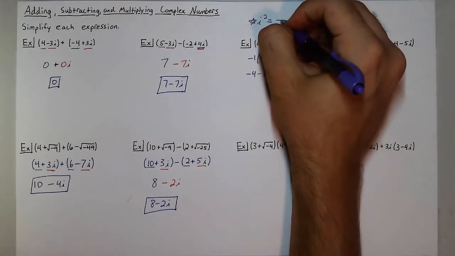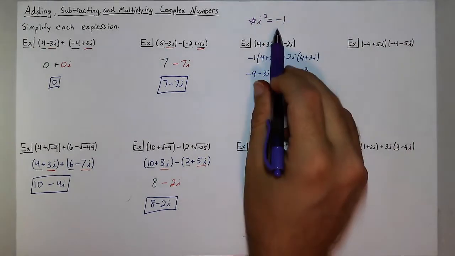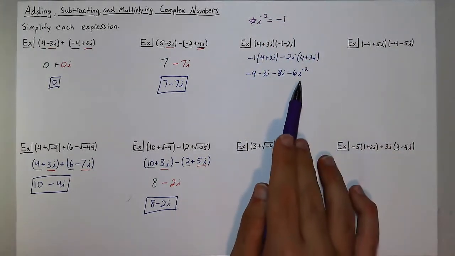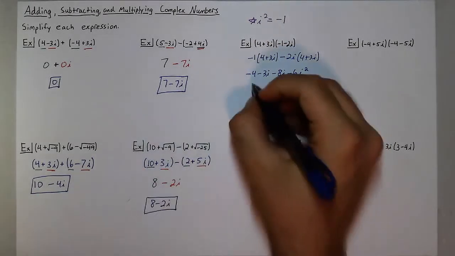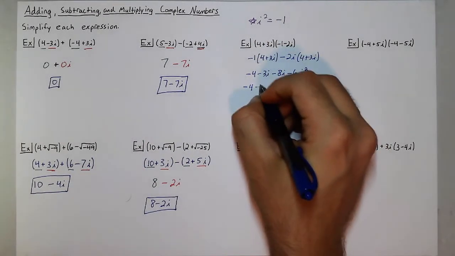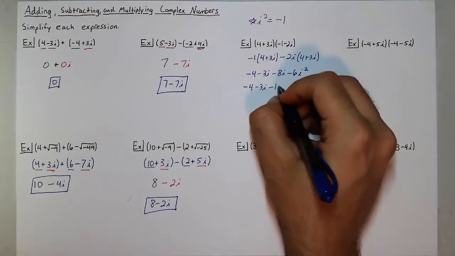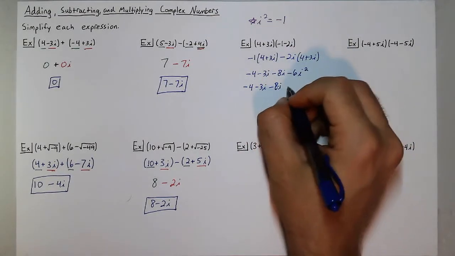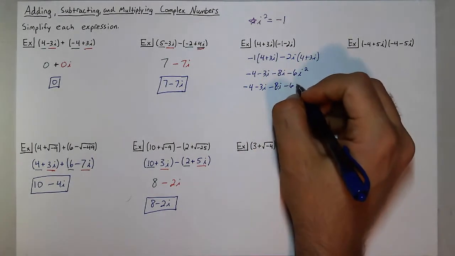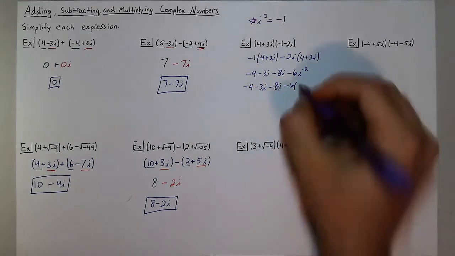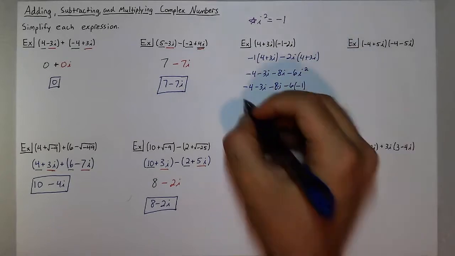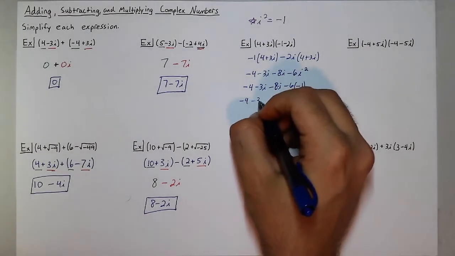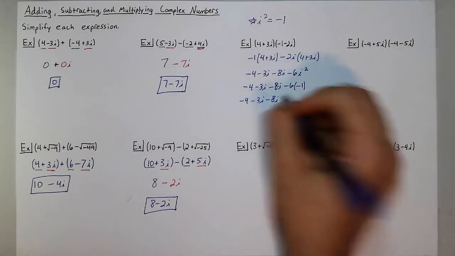It's equal to negative 1, a real number. So whenever I see i squared, I need to reduce it to negative 1. So now I have negative 4 minus 3i minus 8i minus 6 times negative 1. So I have negative 4 minus 3i minus 8i plus 6.